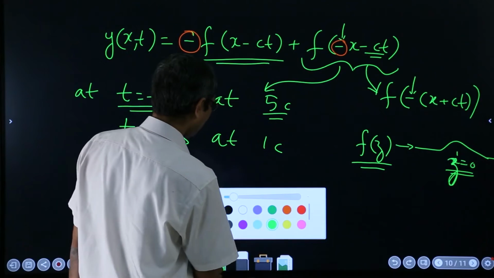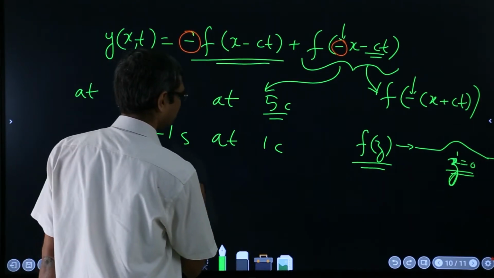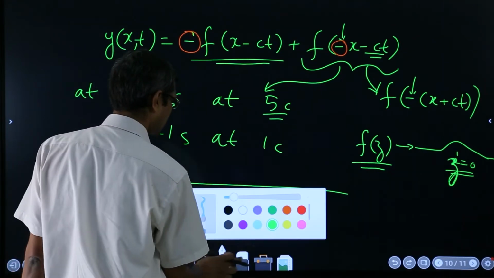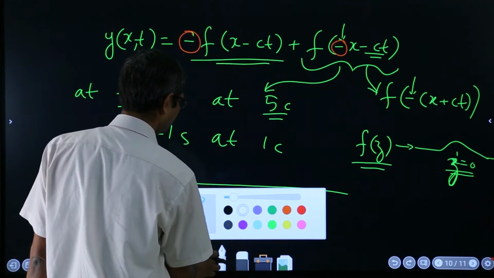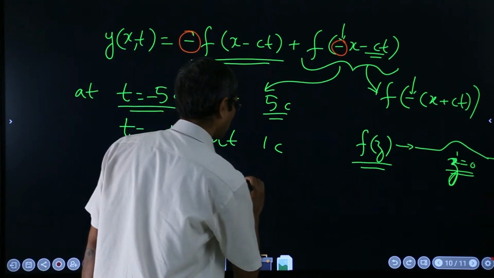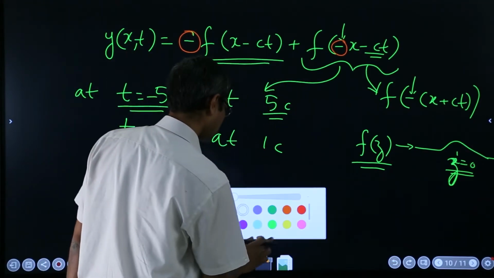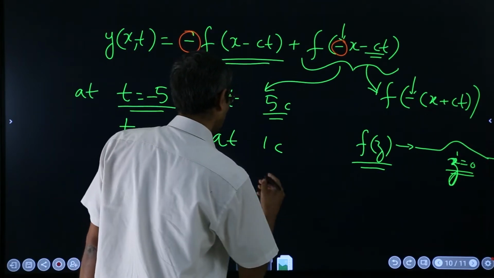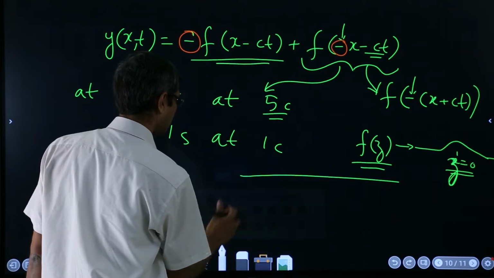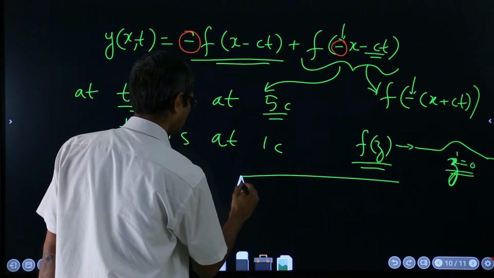Now if I have a situation like this, before the time actually started, I'll draw from here, so that here is our 0 position.